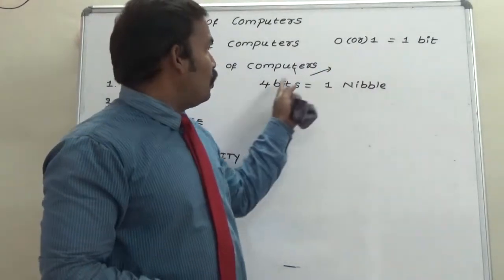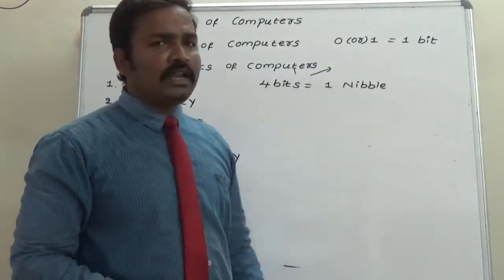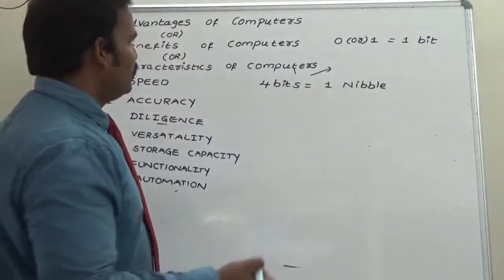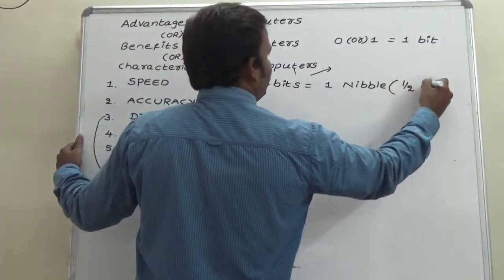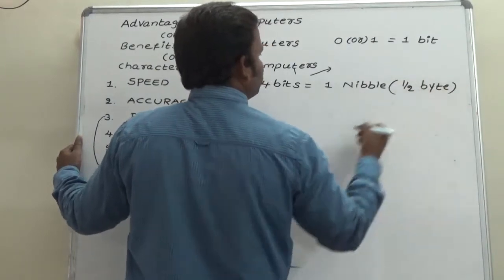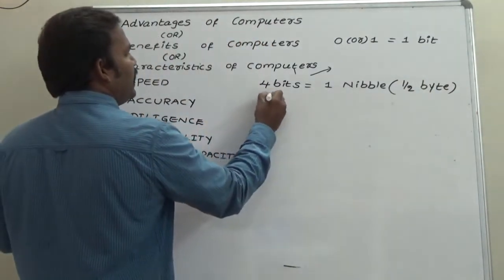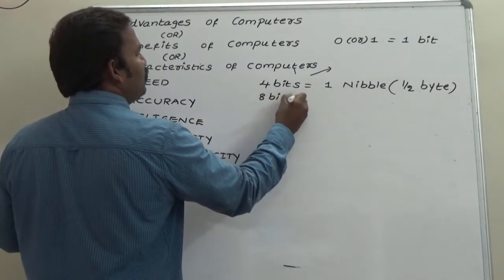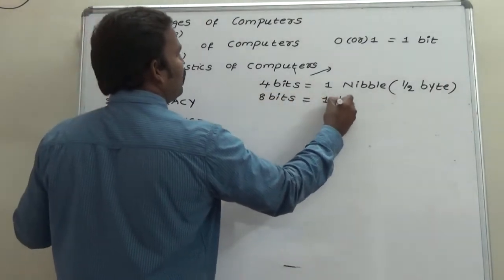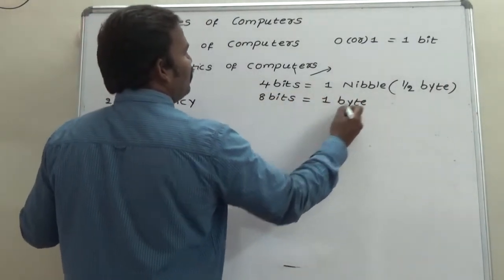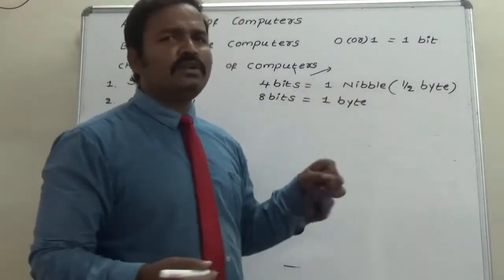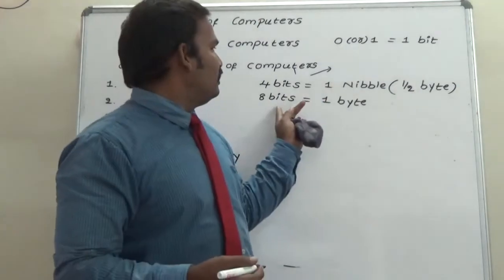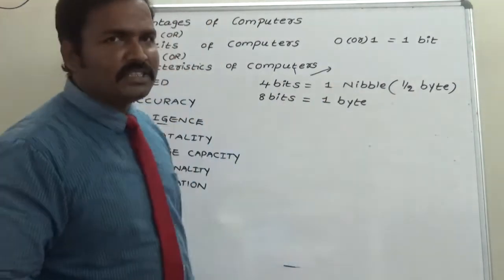So 4 bits is equal to 1 nibble. Next, 8 bits is equal to 1 byte, or 2 nibbles.